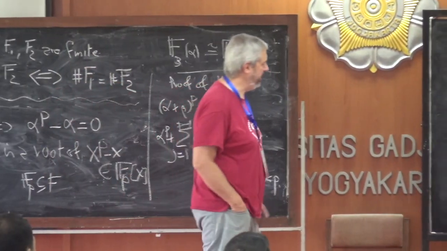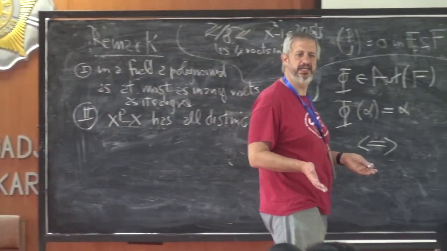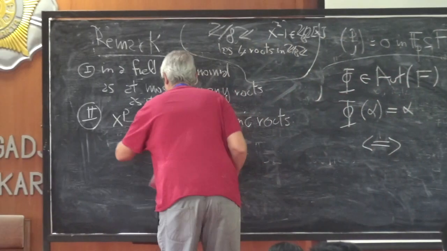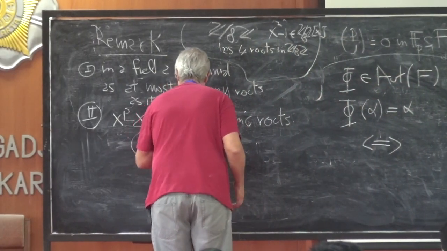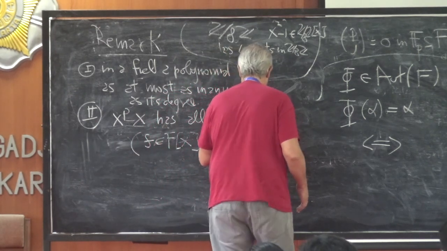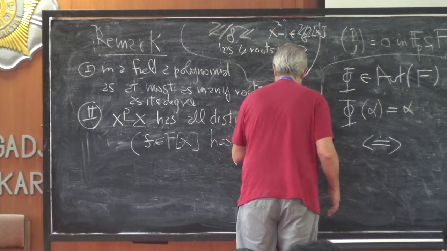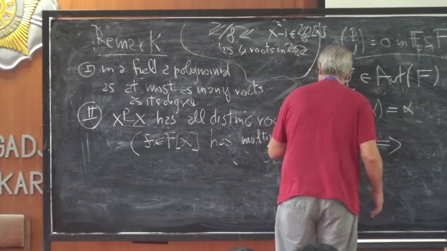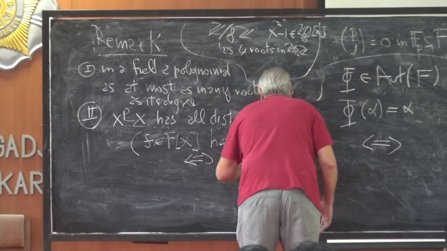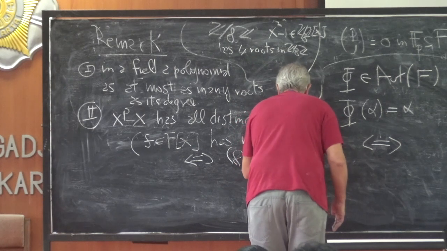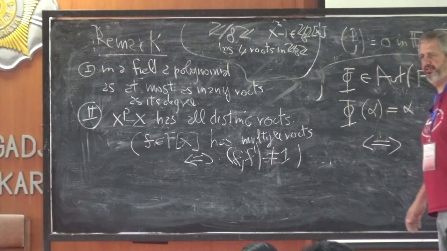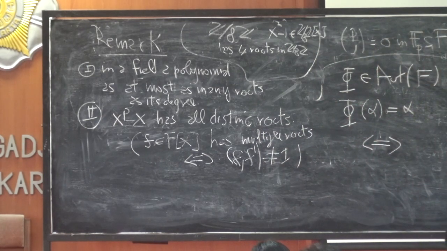You take the GCD, the greatest common divisor, with its derivative. So a polynomial with coefficients in a field has multiple roots if and only if the GCD between this polynomial and its derivative is not 1. This is one of the things which is easy to verify.